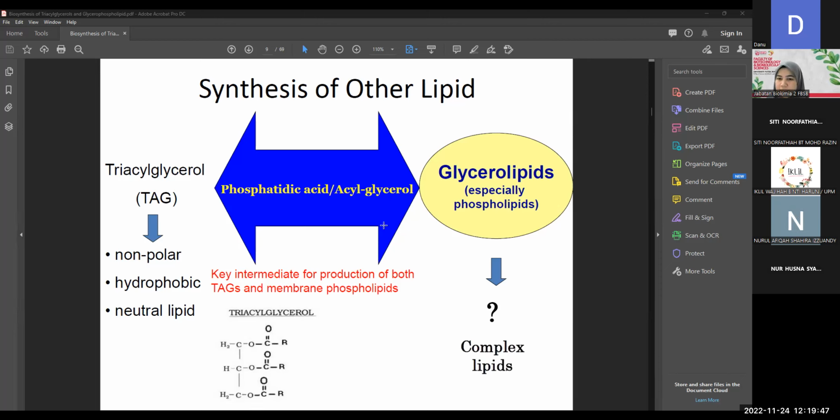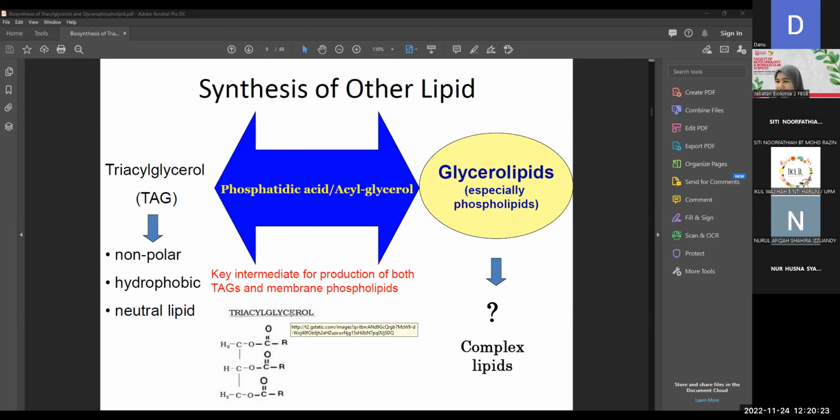One of the intermediates is phosphatidic acid, from which we can synthesize triacylglycerol. Triacylglycerol is well known for its non-polar, hydrophobic, neutral lipid character. From phosphatidic acid, we can also synthesize glycerolipids, such as phospholipids and glycolipids. So this is the key intermediate for the production of both triacylglycerols and membrane phospholipids.